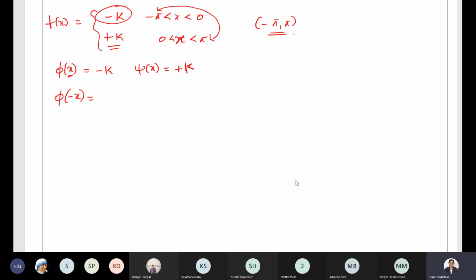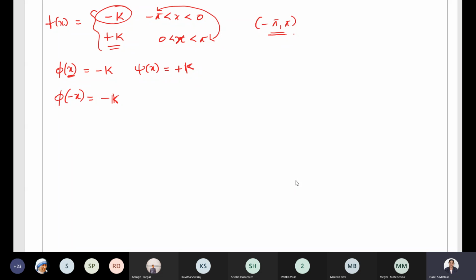What will be phi of minus x? I want the answer. It is minus k. Why I said that first only? K is a constant. It does not depend on x.